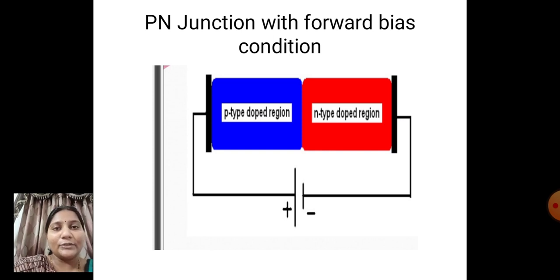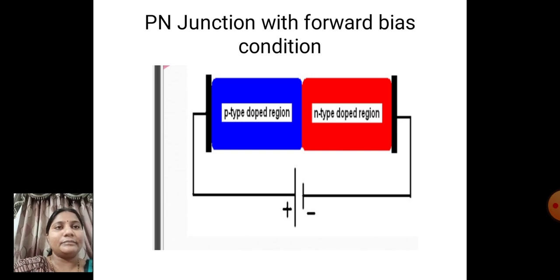And you also know about doping. Doping is nothing but adding impurities to a pure semiconductor or intrinsic semiconductor. By adding impurities to a pure semiconductor, we get the extrinsic semiconductor, and these extrinsic semiconductors are of two types: p-type semiconductor and n-type semiconductor. To the p-type semiconductor we always add trivalent impurities, and to the n-type semiconductor we add pentavalent impurities.